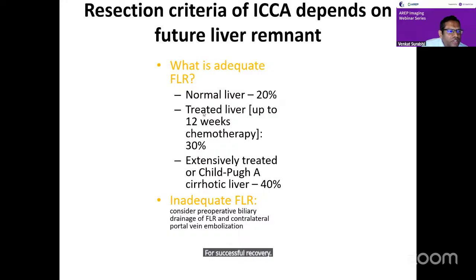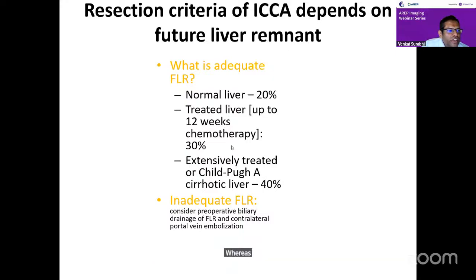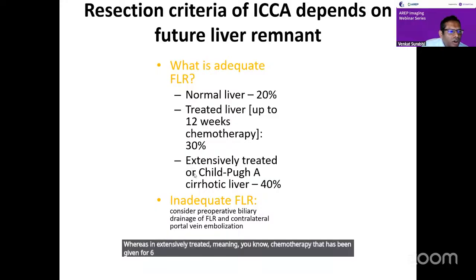But if the patient has received chemotherapy of at least 12 weeks, then ideally at least 30% of the liver remnant should be left after we resect the tumor. Whereas when extensively treated, meaning chemotherapy given for 6 months, or if there is a Child-Pugh cirrhotic liver, then you would want at least 40% of the future liver remnant.